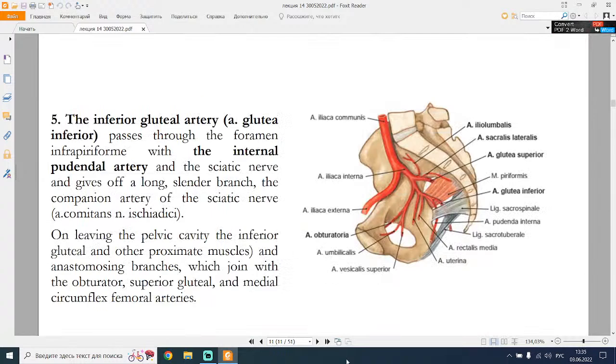Next, arteria glutealis inferior. This is the superior and the inferior gluteal artery.